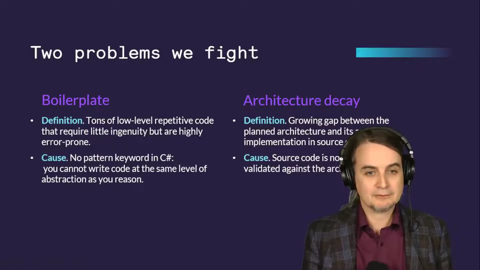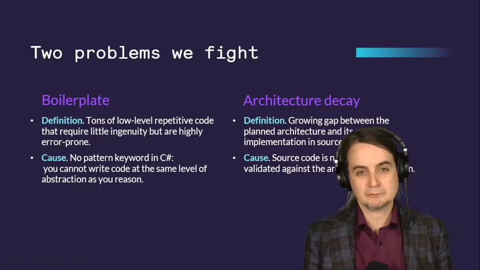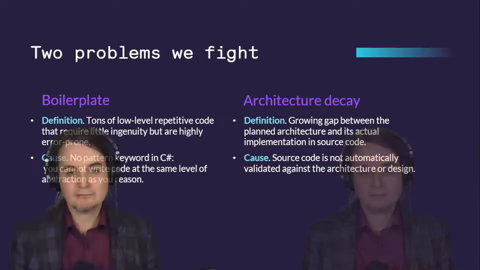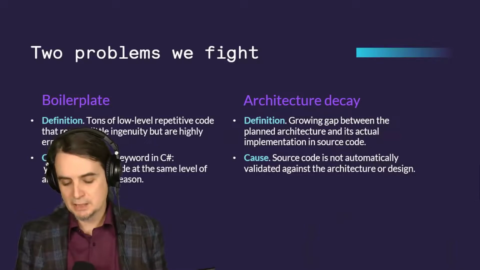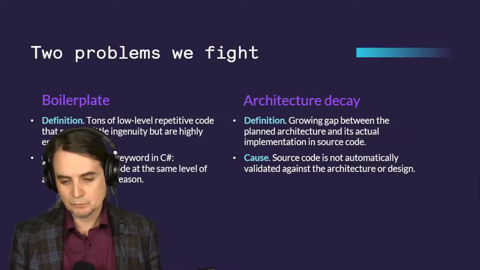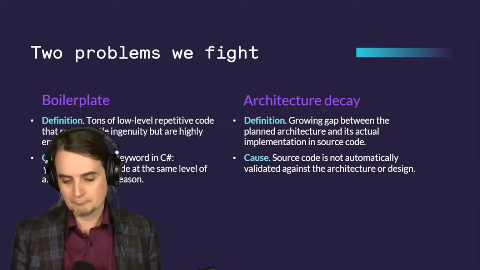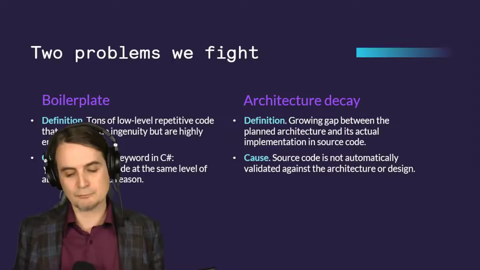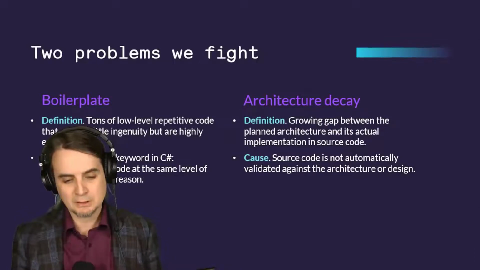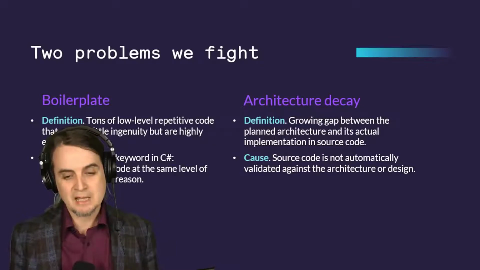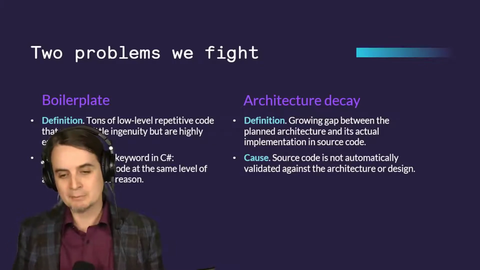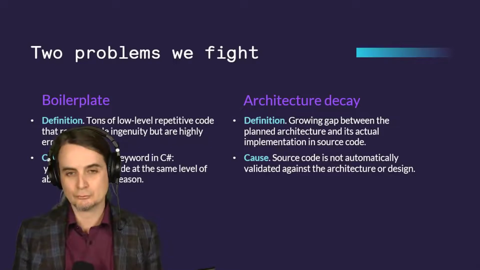The other thing that we are trying to fight is architecture decay. Architecture decay is the gap that increases week after week. You have a growing gap between the ideal software implementation that you imagine during the design and the actual implementation of the architecture in the source code.